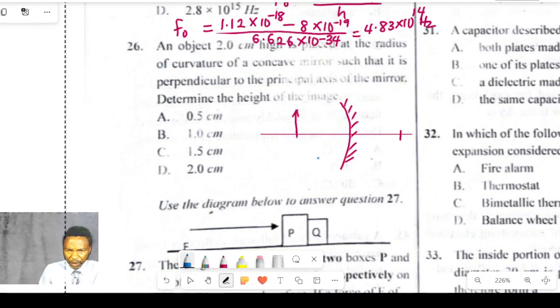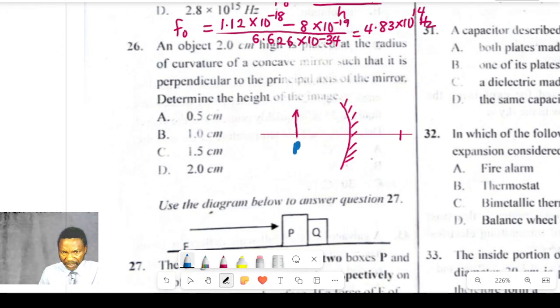Okay, so here is r, and here is the focal length. A ray parallel to the principal axis, on reflection, passes through the focus.